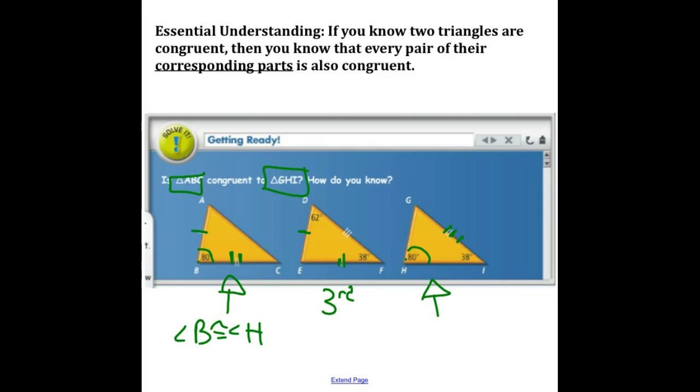That's pretty good. Now I've got an 80-degree angle for angle B, and I don't know what angle E would be. But I do know angles D and F, 62 and 38. And I can use the 180 relationship to find the measure of angle E.